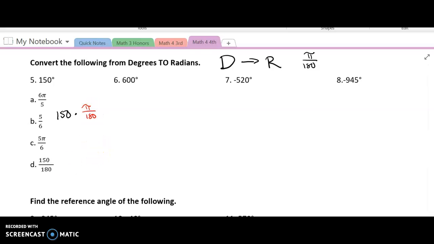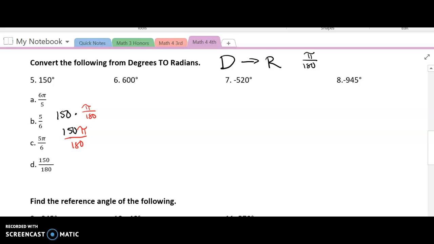Now when I have this, it turns into 150 pi over 180. Now this is what I mean by keeping that fraction. I want to keep this fraction if it doesn't reduce nicely. So I'm going to have 150 divided by 180, put that in my calculator, and convert it to a fraction because it comes out as a decimal.